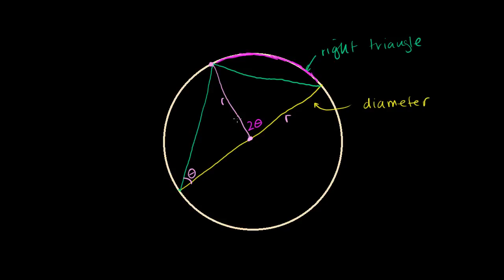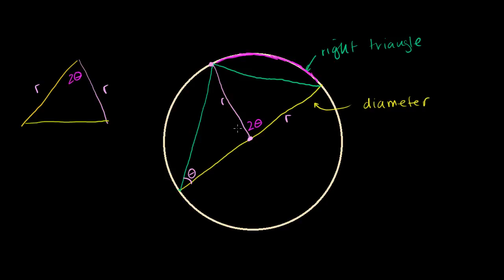Now, this triangle right here is an isosceles triangle. I could rotate it and draw it like this. If I flipped it over, it would look like that, and then the green side would be down like that. Both of these sides are of length r, and this top angle is 2 theta.